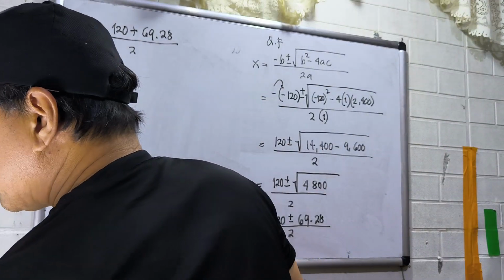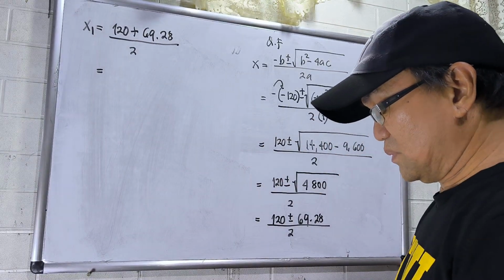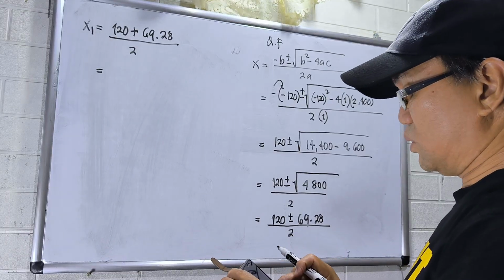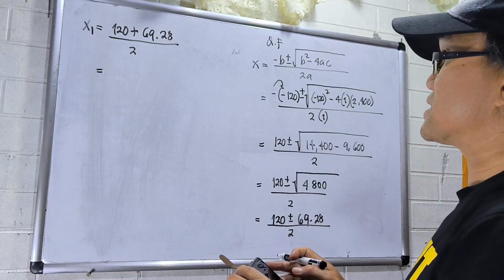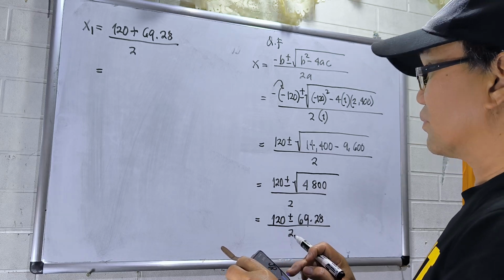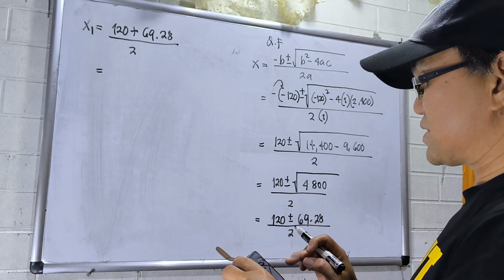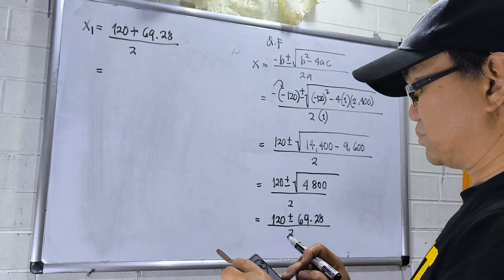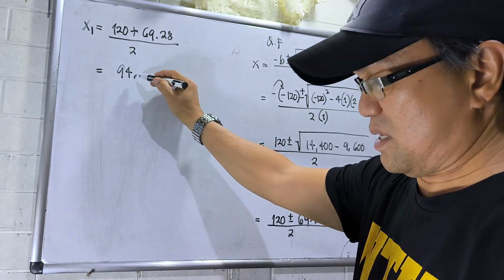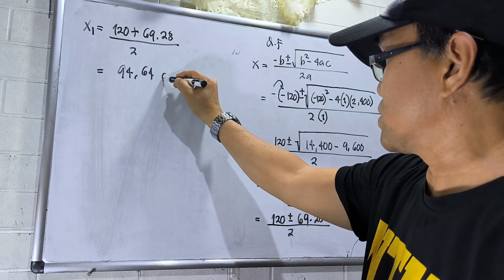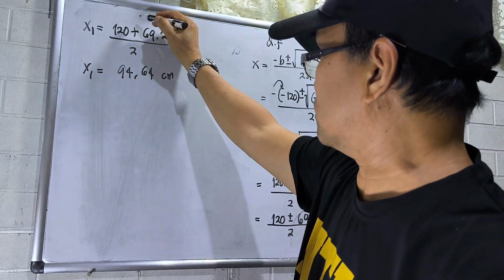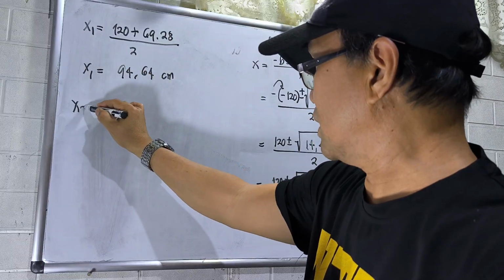So 120 plus 69.28 equals, then divide by 2, 94.64. So this will be in centimeters. So this is now my x1. Now how about x2?